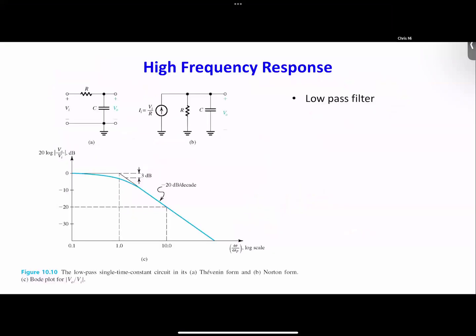So basically, in the future, throughout this whole chapter, we're going to use this Bode plot to look at the frequency response. What we're doing here is using a simplified circuit to illustrate how the output is impacted by frequency.